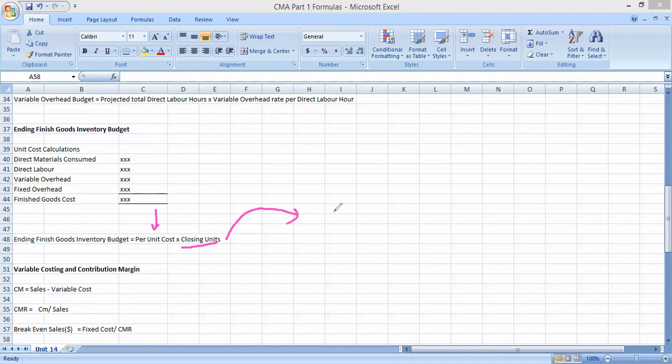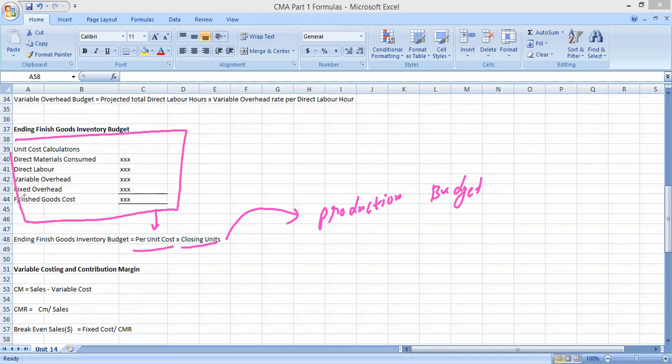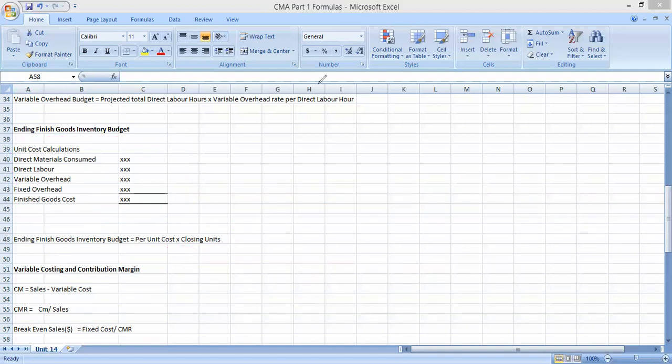Remember, the closing units budget we already estimated in the production budget. We said that it's based on the company policy, how much closing stock they want to keep. So closing units multiplied by the per unit cost, which we calculated here, gives us the ending finished goods inventory budget.